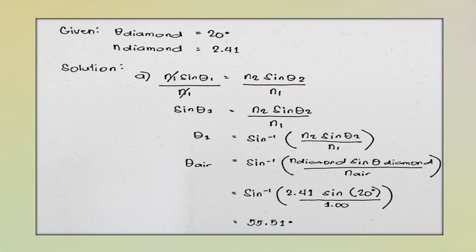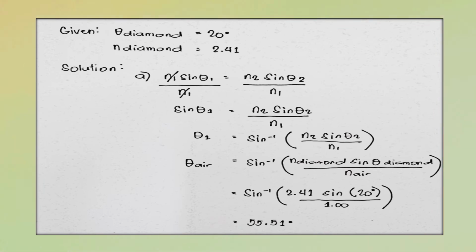Okay, so in this example, we assume that the angle of diamond is equal to 20 degrees and its index of refraction is 2.41 and that is constant. So we are looking for the refracted angle of air.